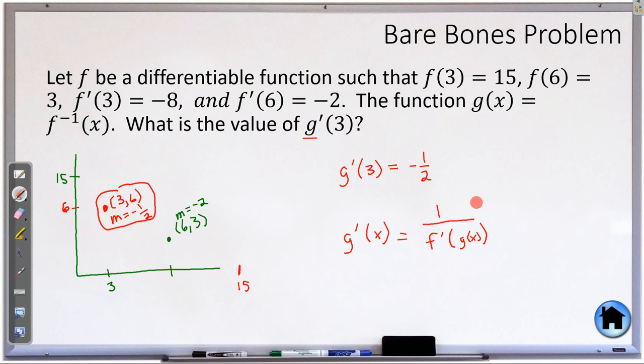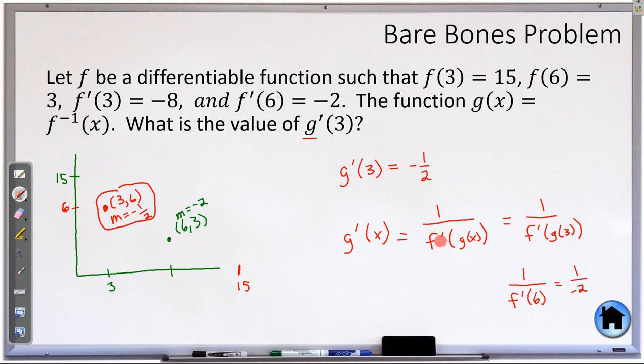And so if you were then to look at this, 1 over f prime of g at 3 would be what we would plug in. What is g at 3? g at 3 is 6, so that would be 1 over f prime at 6, which is equal to 1 over -2.